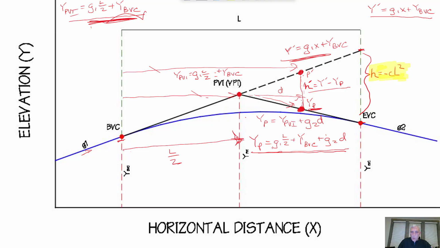So I'm just going to put my yp here. So y sub p equals g1 L over 2 plus y BVC plus G2D.